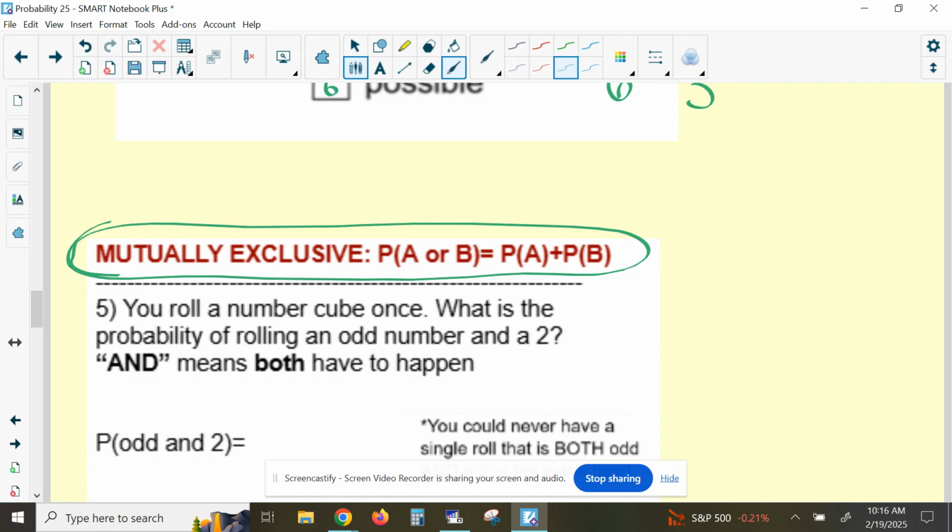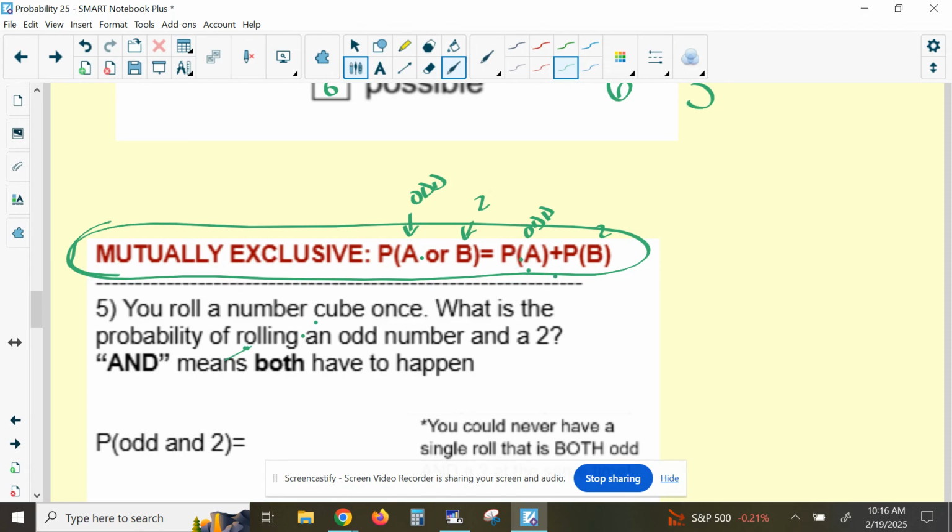In this case, our A was odd, and our B was a 2. So all we did, if we wanted to find the probability of A or B, we can just find the A and find the B and add them together. So that's all that says.